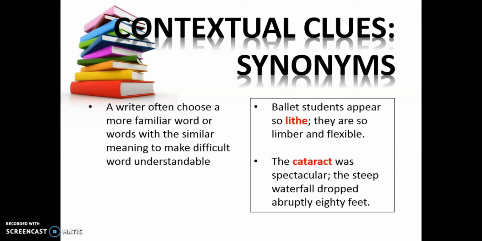But somehow in this sentence, that definition does not fit into the context because the author has given you its clue through synonym. What is cataract? It is a large waterfall. Why? The steep waterfall dropped abruptly 80 feet.